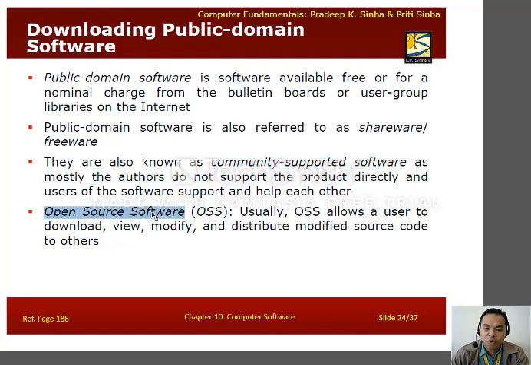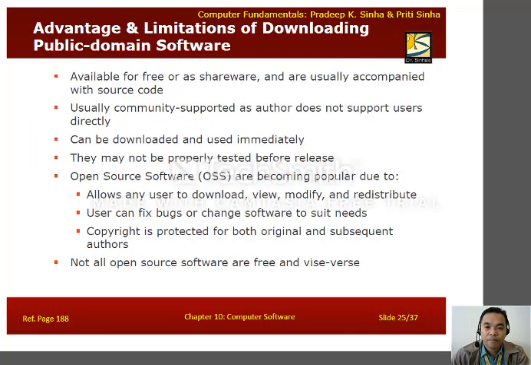We have open source software. This type of software allows a user to download, view, modify, and distribute modified source code to others. Let's move to the advantages and limitations of downloading public domain software. This software is available for free or as shareware and is usually accompanied with source code.